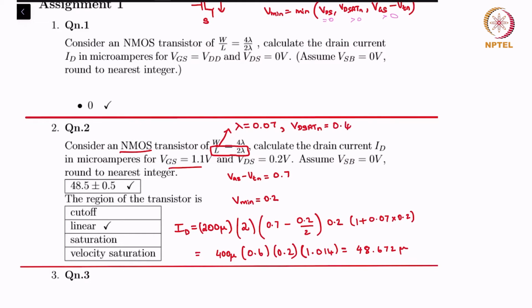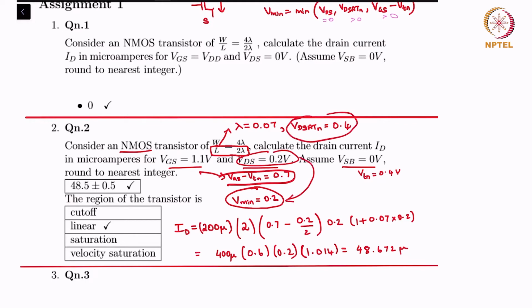Since VSB is 0, we have VTN equal to 0.4 and VGS minus VTN is therefore 0.7 and VDS is 0.2, which means Vmin, which is the minimum of VGS minus VTN, VDS and VDSAT n, will come out to be 0.2, giving us that VDS is the minimum, therefore we are in the linear region.